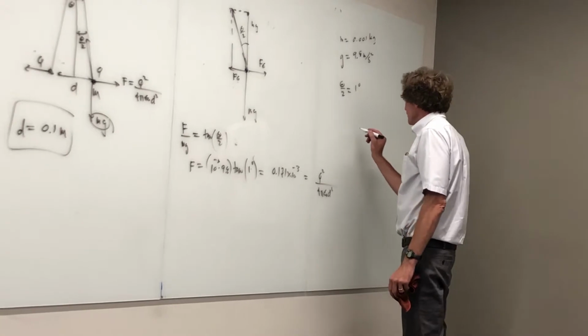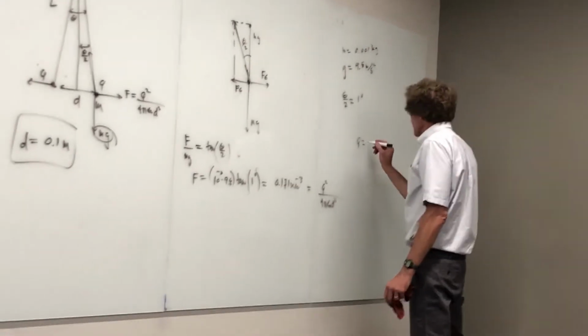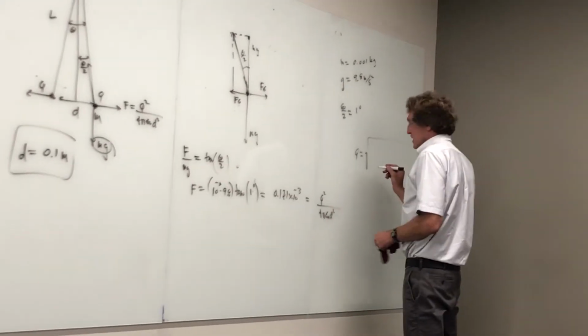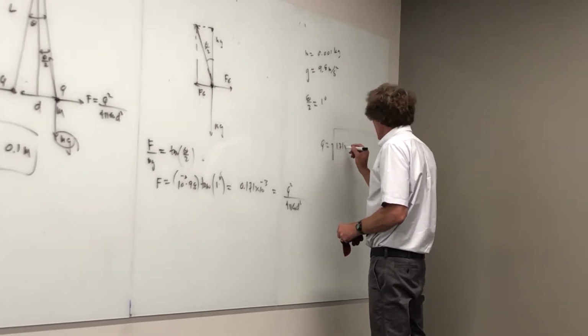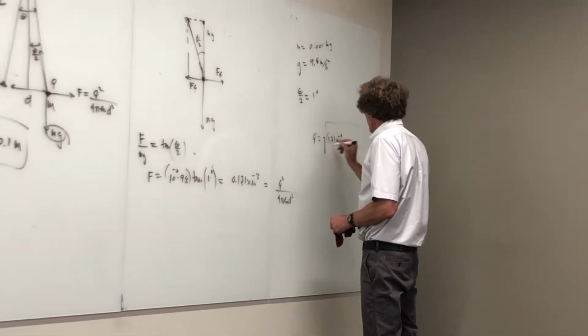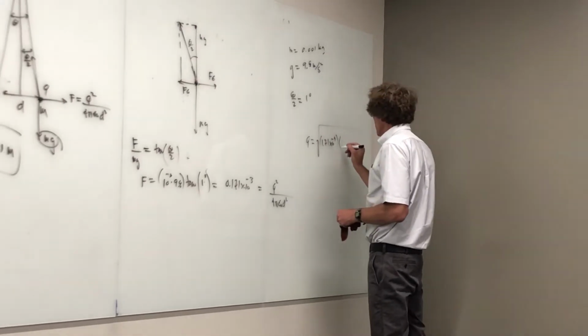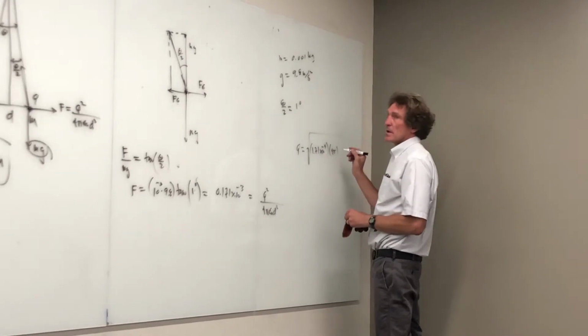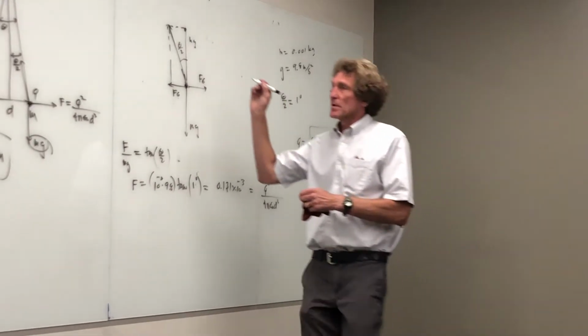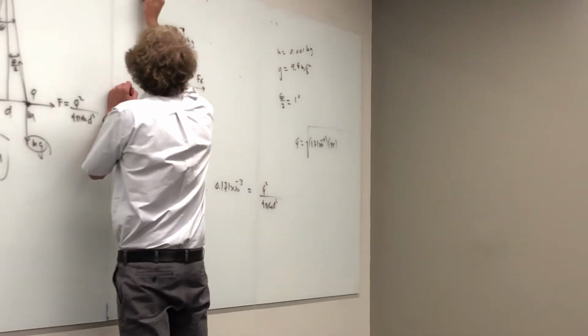So q would be equal to the square root of, I'll call it, 1.71 times 10 to the minus 4 times 4 pi times epsilon naught. And I've got to give you a value for epsilon naught. There's 2 that I like.